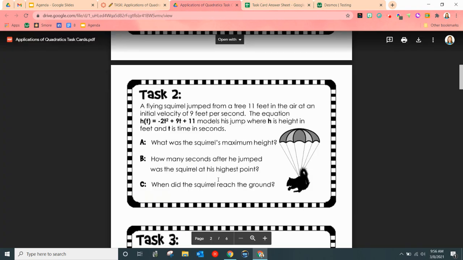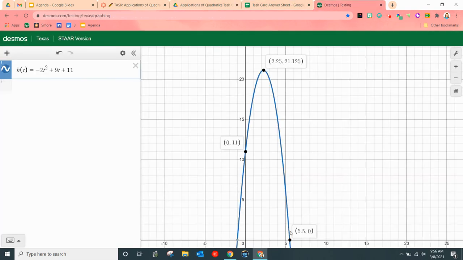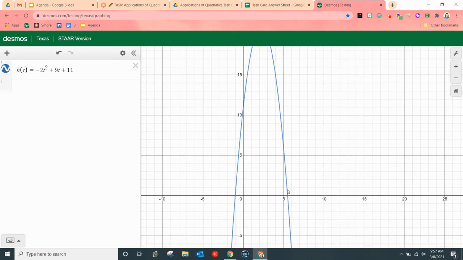And then what's the last question? When did the squirrel reach the ground? Notice they said when. They didn't say what's the height when he reached the ground. But we know he's on the ground when his height is 0. So that's over here. Your x-axis represents the ground, or it could represent the surface of the water. Sometimes you can go negative, because if this is the surface of the water, this is above the water, and when you go below, it could be below the water.